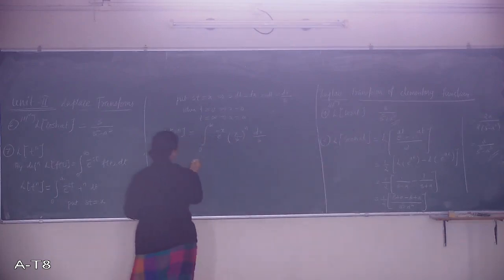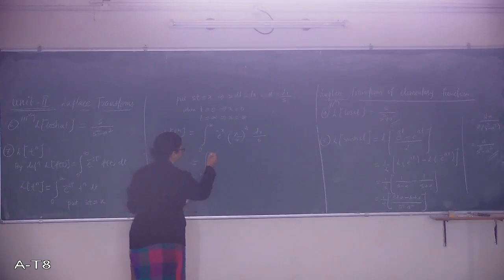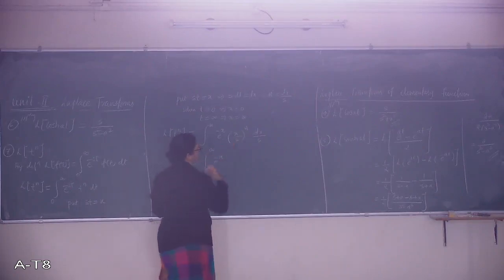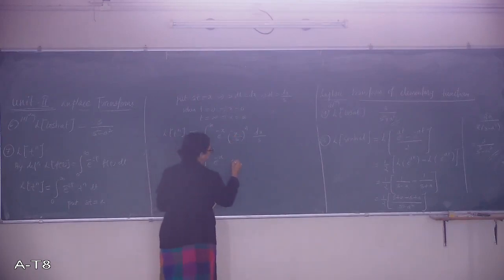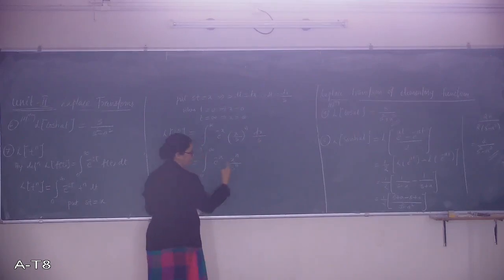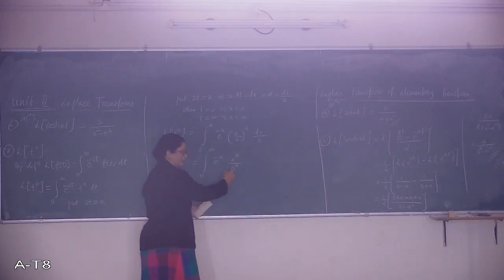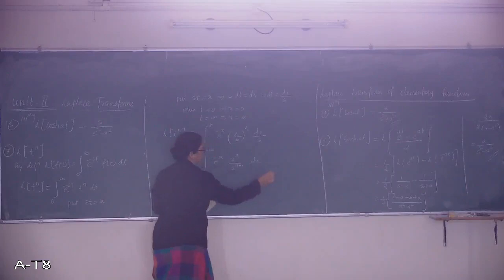Now simplify this. Integration from 0 to infinity e to the power minus x. Opening the bracket, we have x to the power n upon s to the power n. In the denominator we also have s to the power 1, so it will be s to the power n plus 1, into dx.